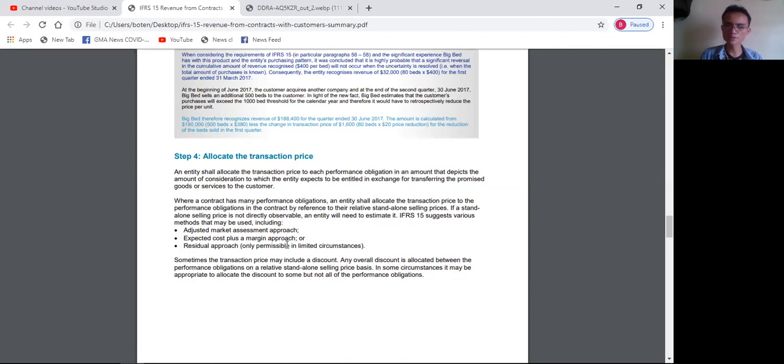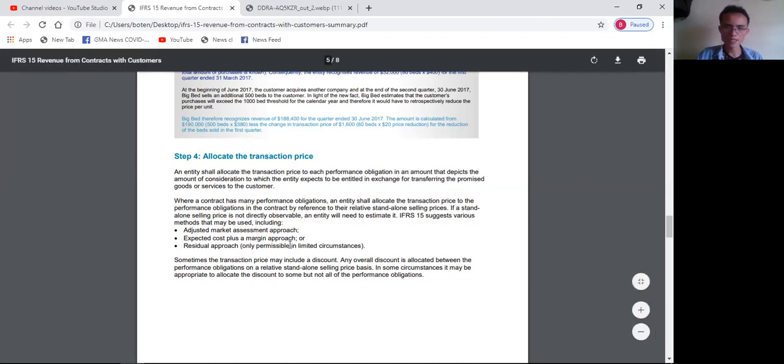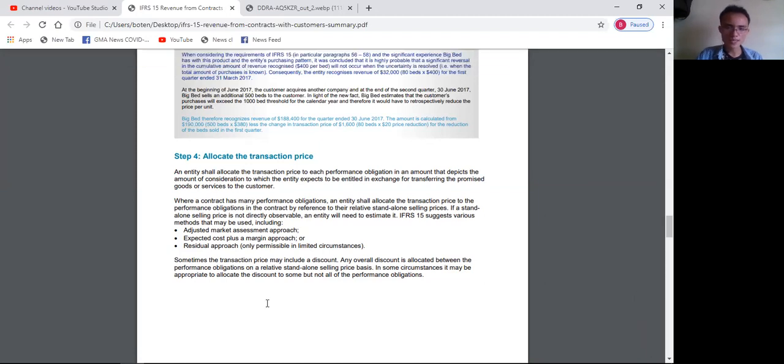They are capable of being sold, transferred, or, because this is revenue, delivered separately from the other items in the revenue contract. Okay, so the transaction price as determined in step 3 should be allocated.